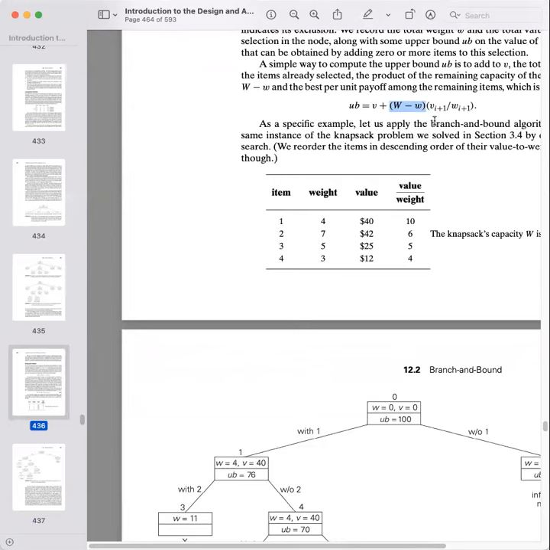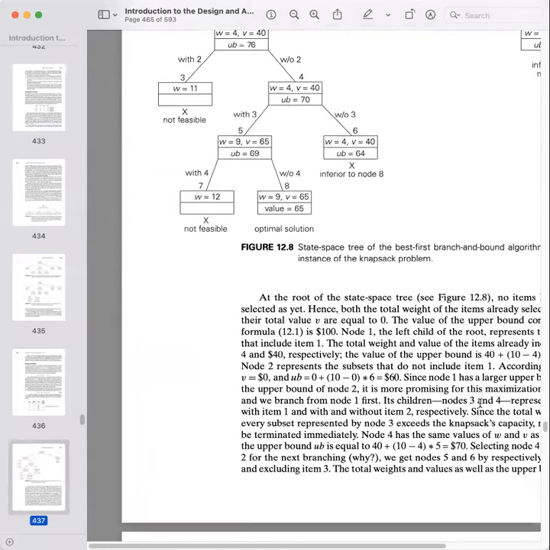Big W is your total weight, and this w is what you have so far. So you're saying you have 5 pounds less or 10 pounds less or whatever. You're going to multiply that by the best value that's remaining. Assuming that every pound that you have left, you're going to be able to get at the best value to weight ratio, which of course you can't, but that's the idea. So that's how those problems work.